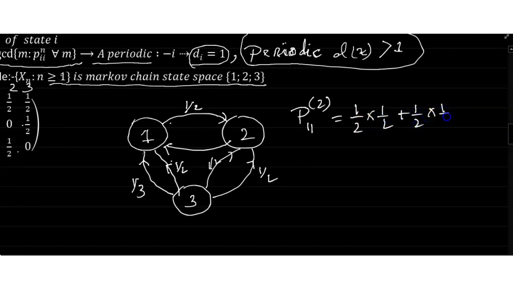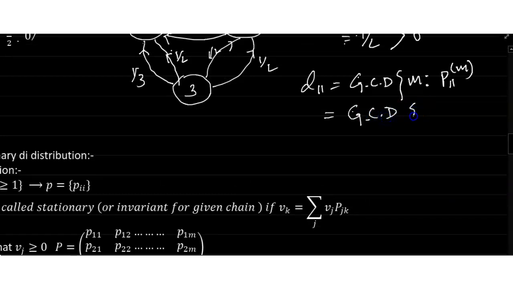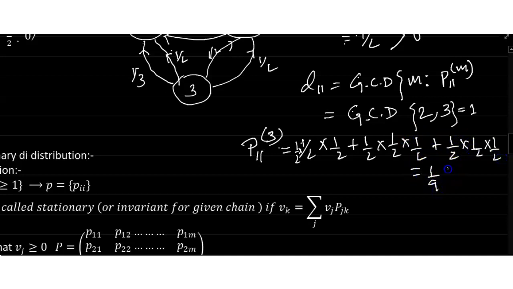So friends, now we will find p11^(2) is equal to half into half plus half into half, equals 1 by 2, greater than 0, and d_1 equals GCD of {m such that p11^(m) > 0}, GCD of 2, 3 equals 1. Similarly p11^(3) equals half into half into half plus half into half into half, equals 1 by 4, greater than 0.